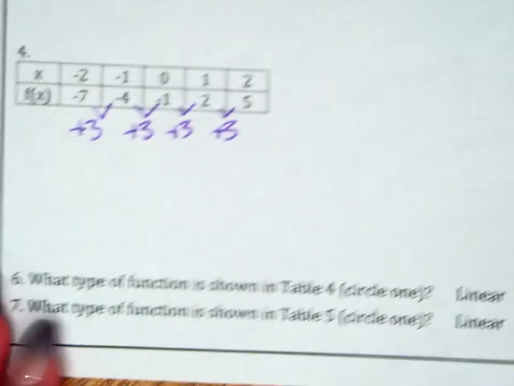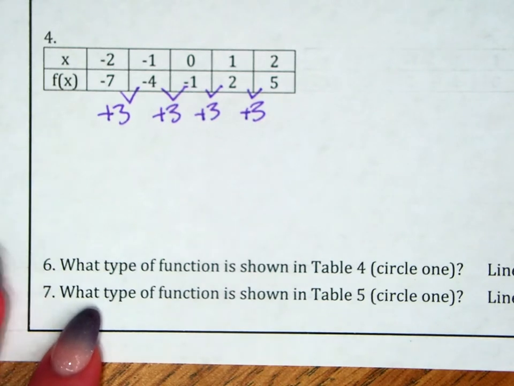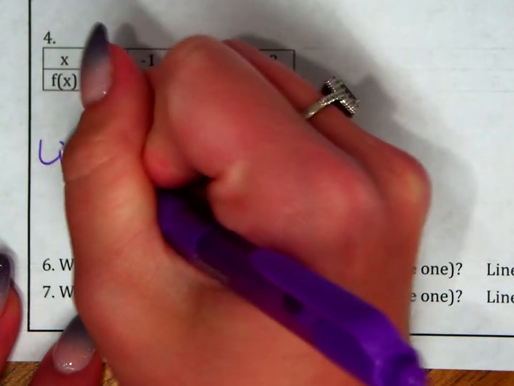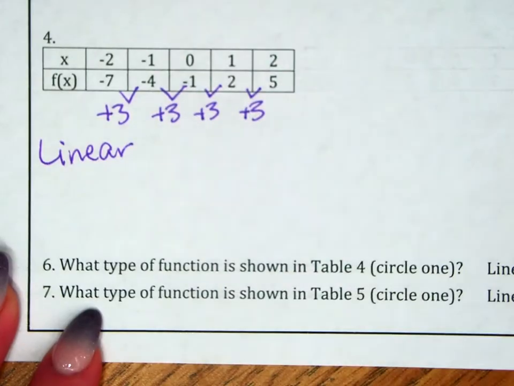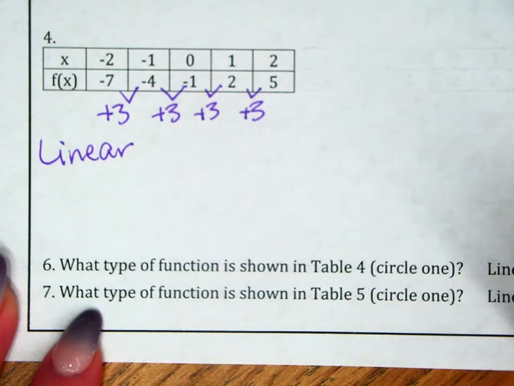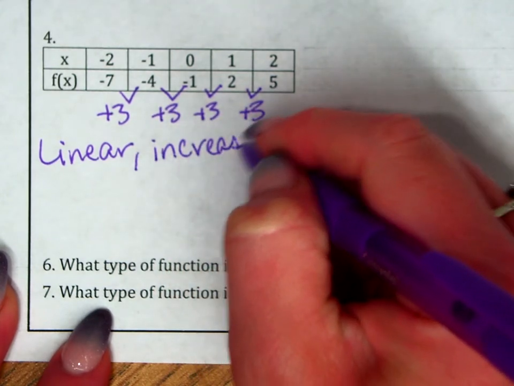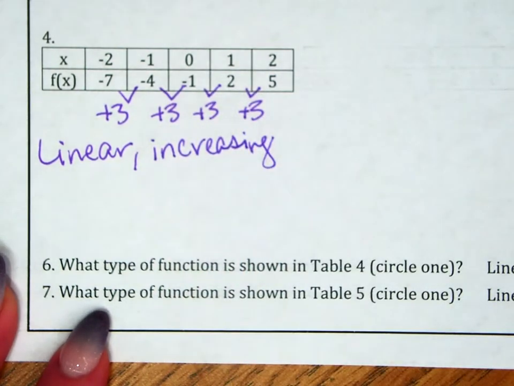So when you have a consistent change with your function, this is a linear function. I'm adding 3 each time, so the slope of my function is positive. Since I'm adding 3, that means it's an increasing function. To identify my x-intercept, it's where my y is going to equal 0.